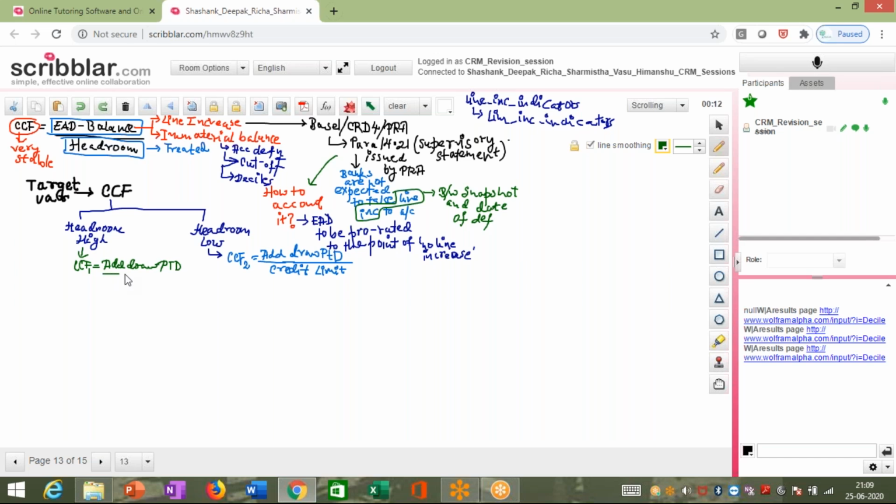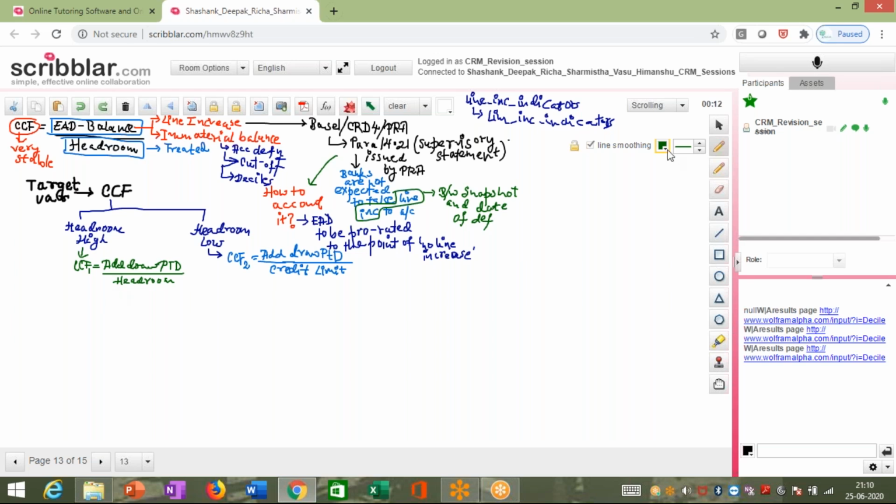So this is the additional drawing prior to default divided by the headroom. This is what the definition was.